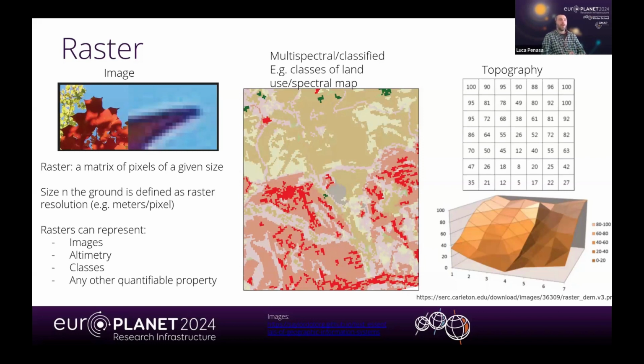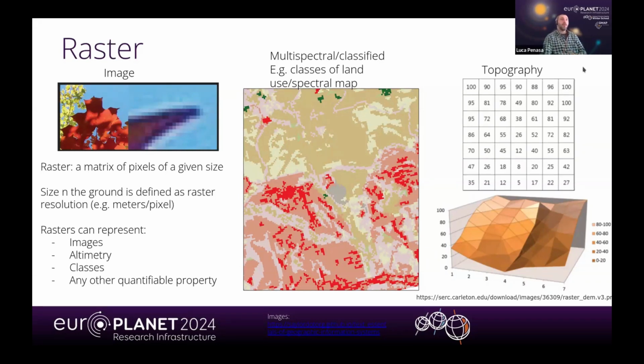But most commonly in planetary sciences, you use raster to have just a single value. You can have a raster collecting just one single band. Most of the time, when you have multi-filter images, you organize that raster in multi-band rasters. And the only point I want to make is that it is basically a matrix.